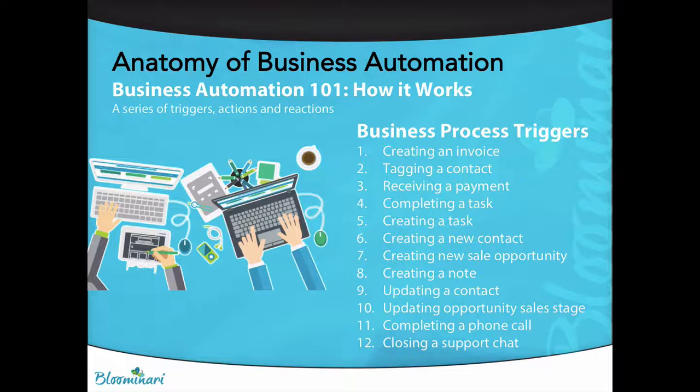Some other triggers could include receiving a payment, and of course noting it down in your accounting software, or completing a task, whether it's a project task or a sales and marketing task, or creating any sort of task either in your CRM, your customer relationship management system, or in your project management system, creating a new contact, creating a new sales opportunity, or what's also called a deal.